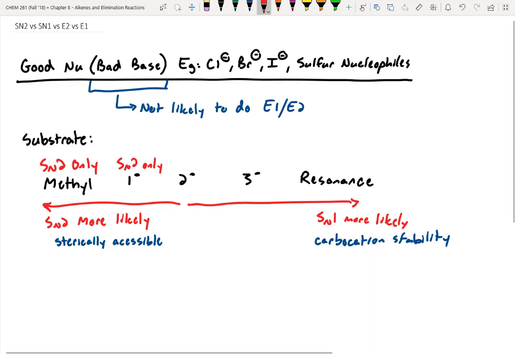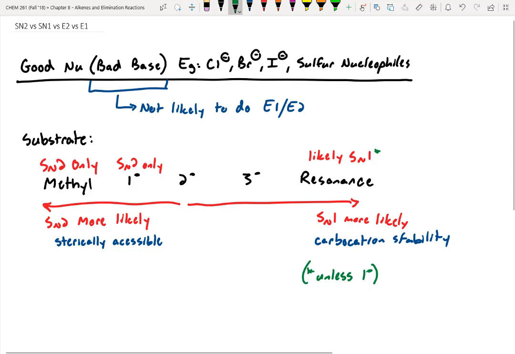With resonance, this will likely do SN1. And I'm going to put a little asterisk down here, unless primary. And the reality is if it's a primary resonance stabilized carbocation, it can do either SN1 or SN2.